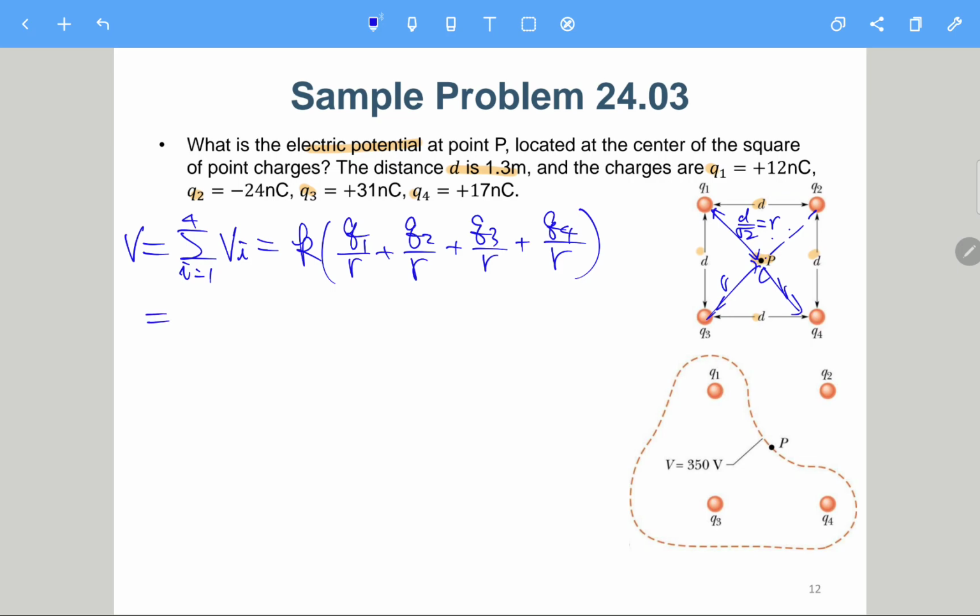So this is nothing but k over R times Q1 plus Q2 plus Q3 plus Q4.